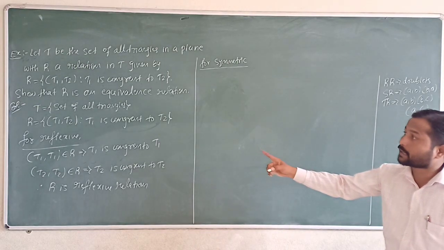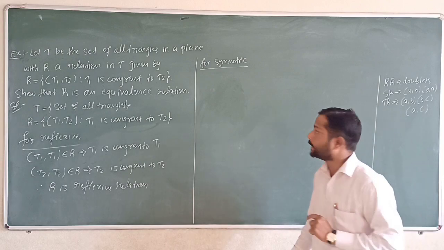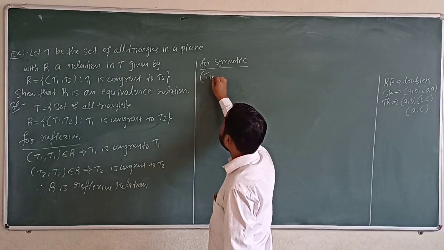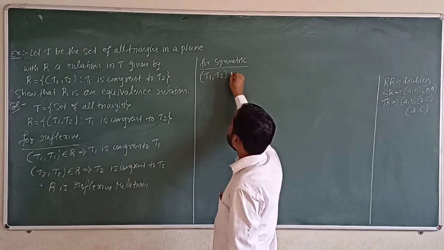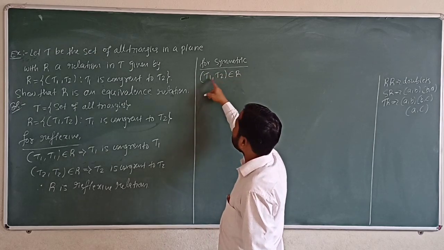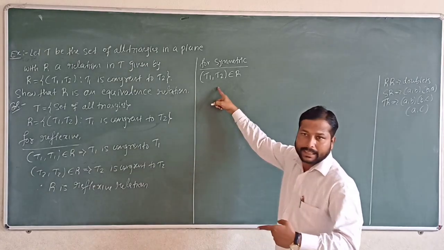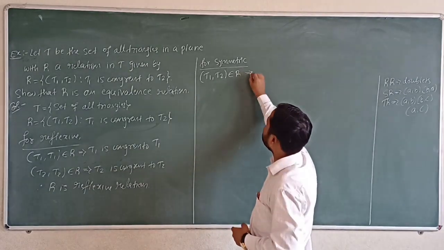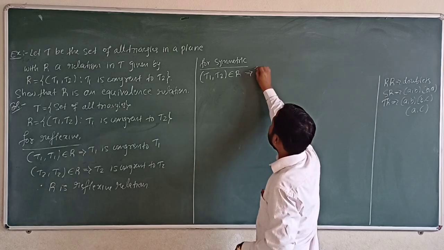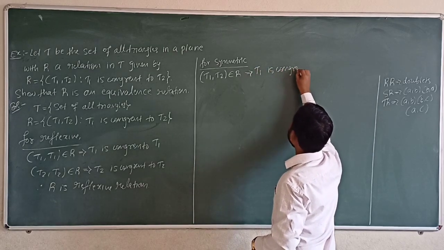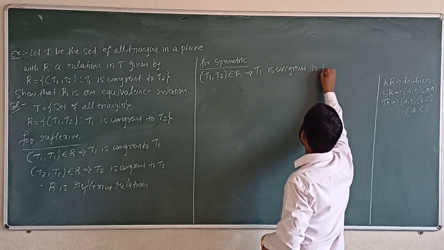Applying the relations, we need it to be satisfied. Take (a, b) as (t1, t2) belongs to R. Apply the relation: t1 is congruent to t2.